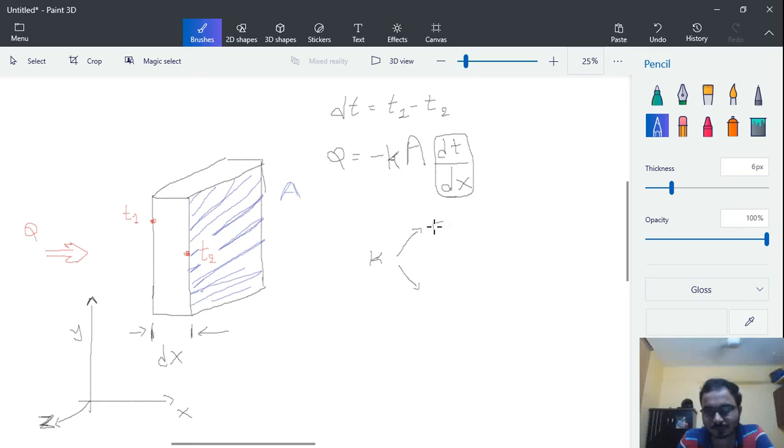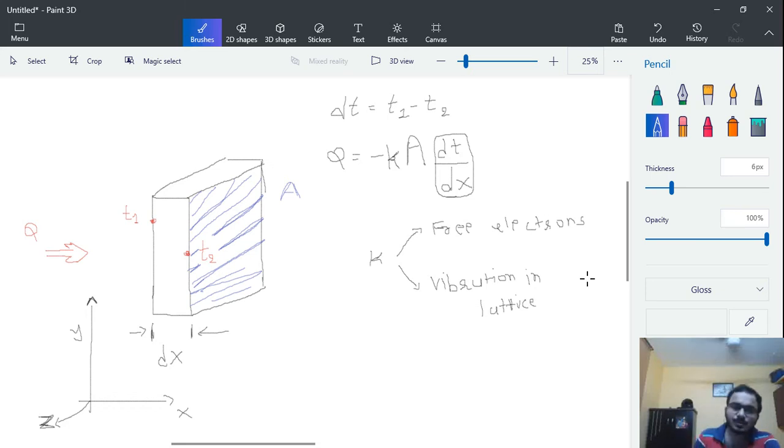First is free electrons and second is vibration in the lattice.